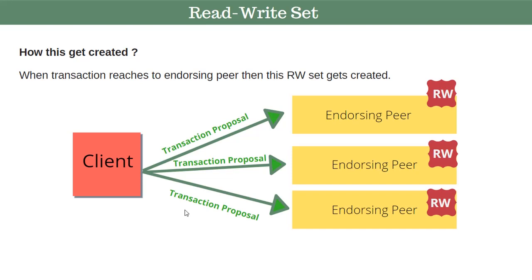During that process on the endorsing peer, during the simulation, whenever the chaincode is run, the read and write set gets created. This read and write set will be specific to each endorsing peer.